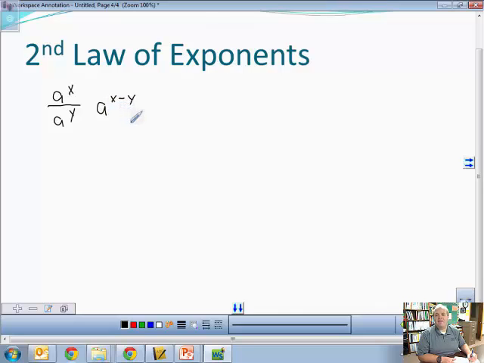And for the moment, your exponents will remain positive. It will not remain like that in the next few lessons, but for this lesson today, your exponents will remain positive. So it's going to be your exponent from your numerator minus the exponent from your denominator, x minus y.